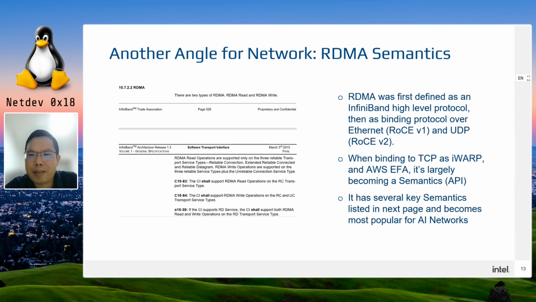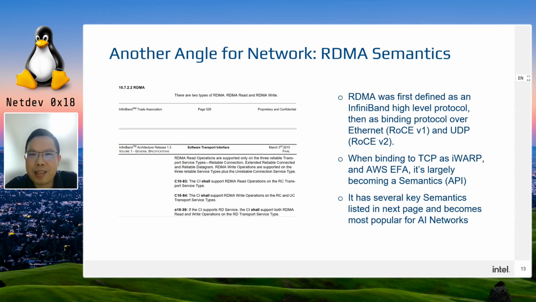And right now the AI network is using RDMA as the high-level protocol, but not TCP, because there are some performance issues; we do not use it even for Ethernet right now.